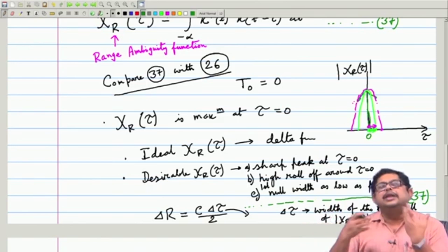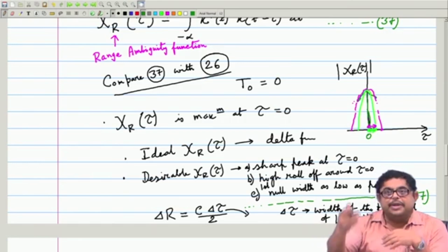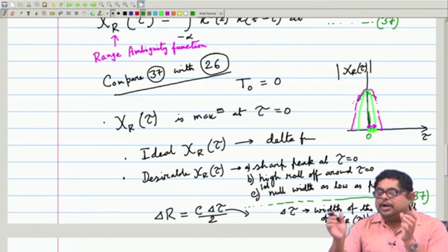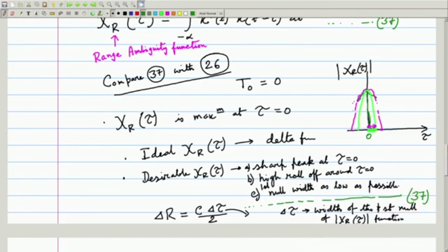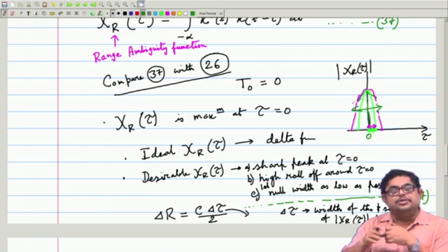Now, null is a choice; generally we choose null, but you can have 3 dB, 6 dB, whatever is practical for the application. So, it may be the width at a threshold level that gives us the resolution.